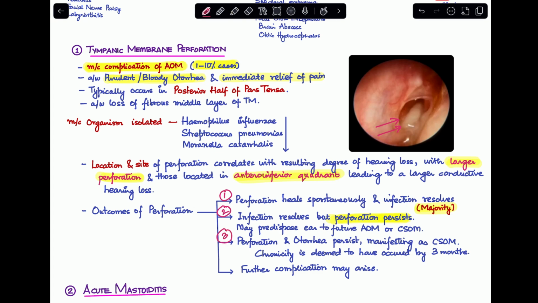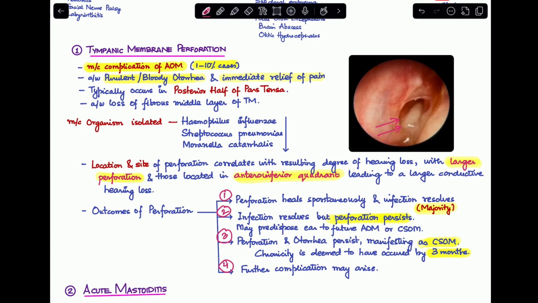Third, the perforation and the otorrhea both persist, manifesting as a case of chronic otitis media. Chronicity is deemed to have occurred only if it has remained for 3 months. And the fourth and final outcome is that it leads to a further complication, which we'll discuss now.